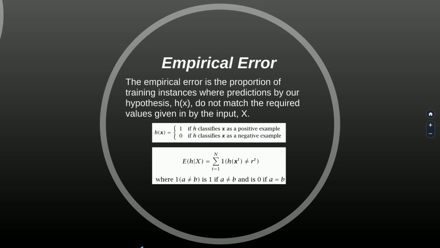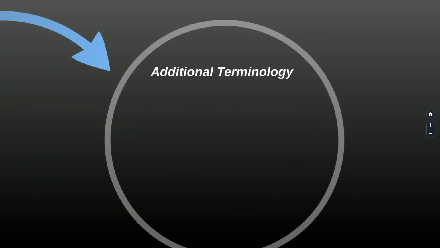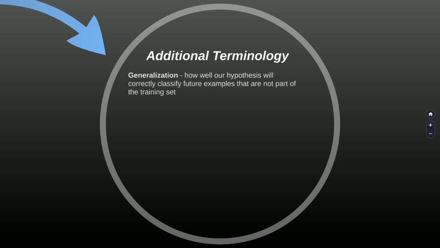So moving on from empirical error, the next step would be to actually use our algorithm, and that is going to bring in the concept of generalization. How well our hypothesis will correctly classify future examples. Because we don't care if the algorithm does very well on the training set if we're not able to use it in the future on unknown data points.